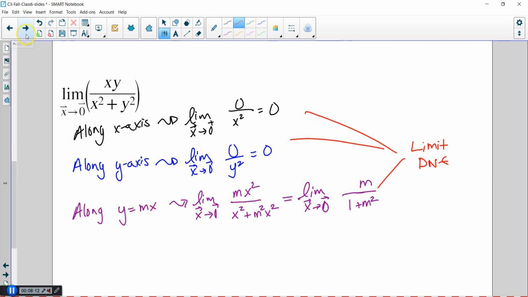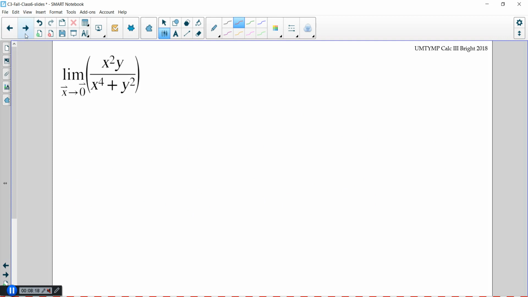And we have one more example. It's the example x squared y over x to the 4 plus y squared. Now, you're probably thinking that this limit is going to exist, and I'm going to tell you, well, maybe. Let's see. I'm going to begin with my standard approach. Along the x-axis, I get the limit as x approaches the 0 vector of, well, surprise, 0 over x to the 4th, which is 0.